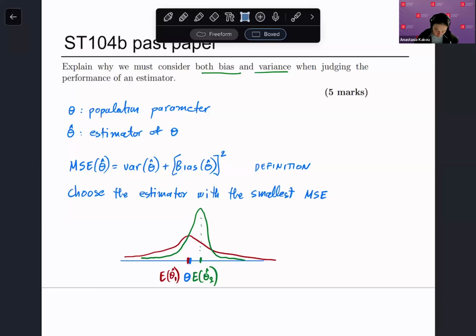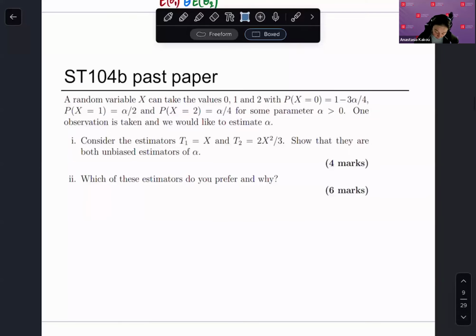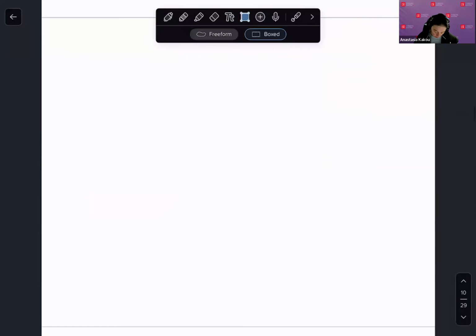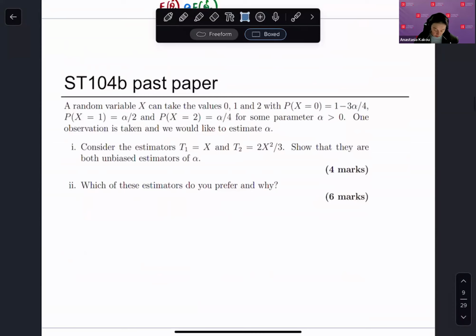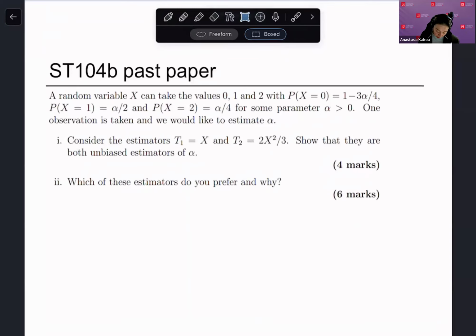Okay, so moving on to another example, from another paper actually, about properties of estimators.